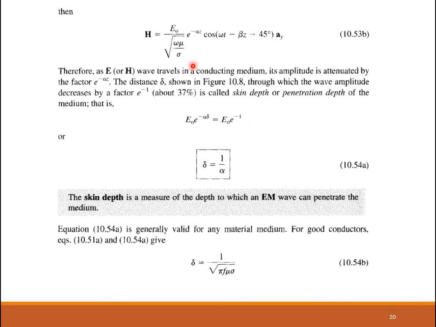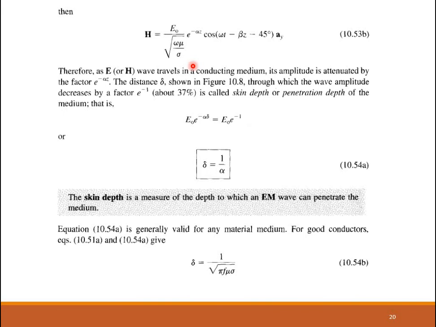Only thing, for that particular medium, you substitute sigma, mu and epsilon correctly. That's all. In the general expression, there's only a gamma. So you write down that expression and then below that, you start deriving alpha and beta for each case: alpha, beta, the velocity of propagation, the intrinsic impedance, the wavelength, and expressions for E and H, that is the electric and the magnetic field.